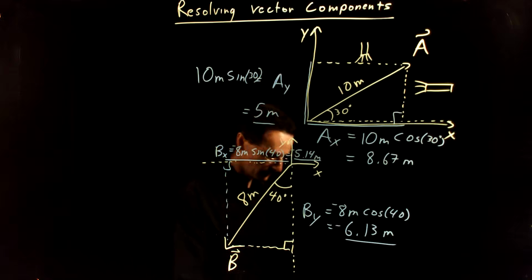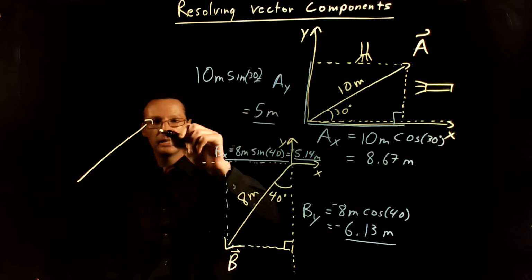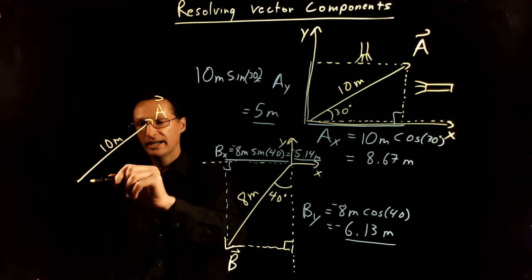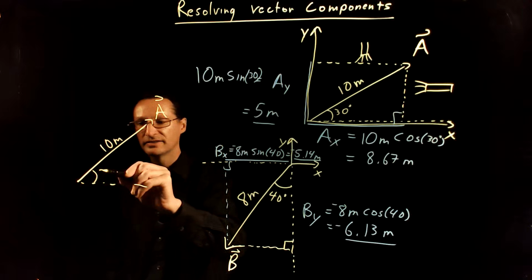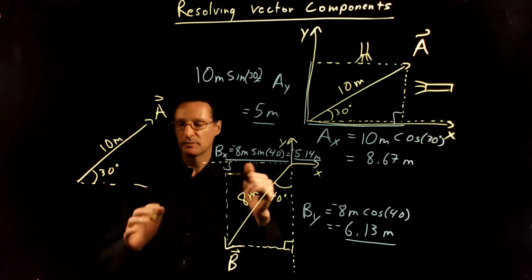There's one more point here I want to make. Imagine we had, let's think about A again, and that's 10 meters at an angle of 30 degrees here. Depending on the problem, we could cheat.